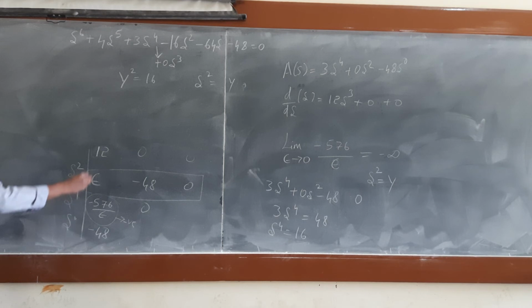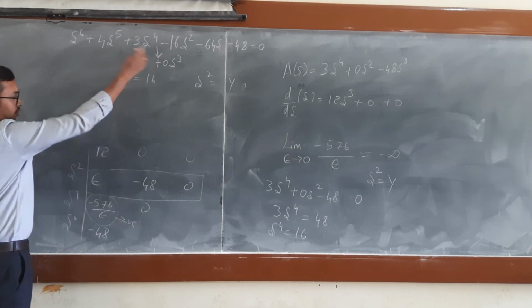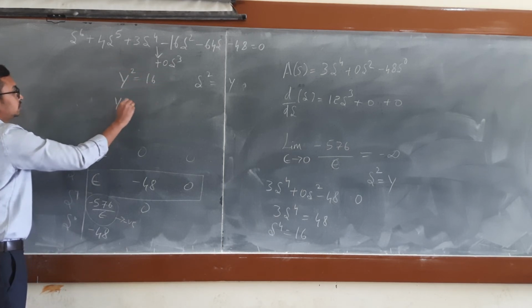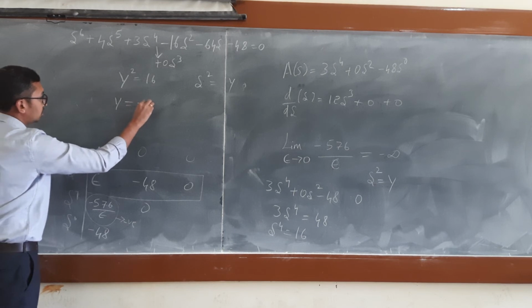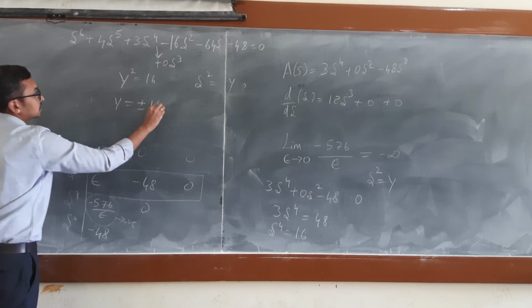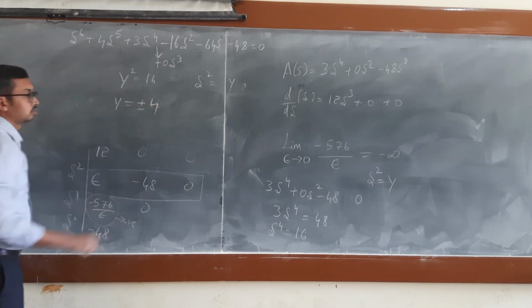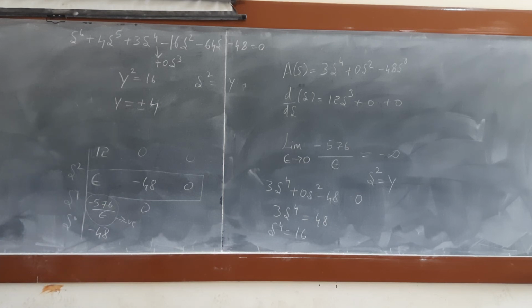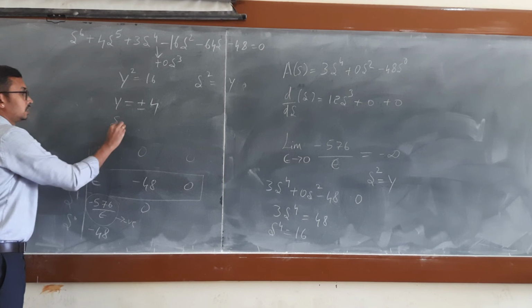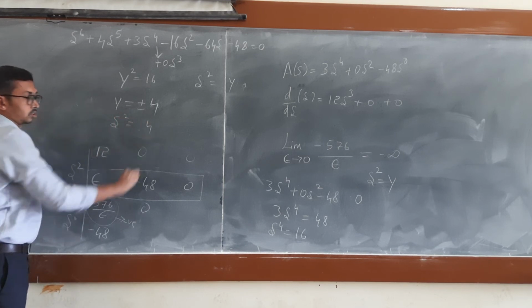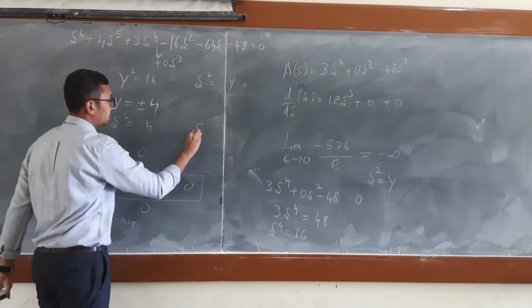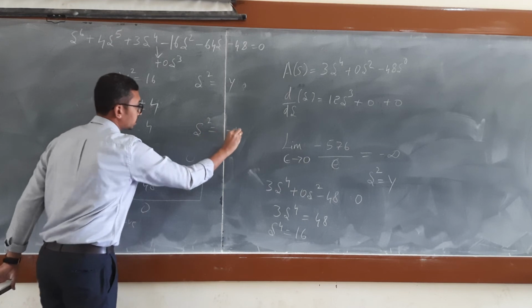So if I shift this power to that side, y is equal to plus or minus 4. So s square is equal to 4 and another s square is equal to minus 4.